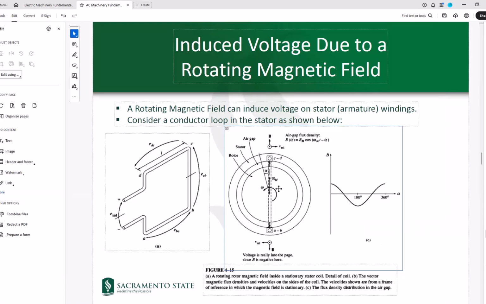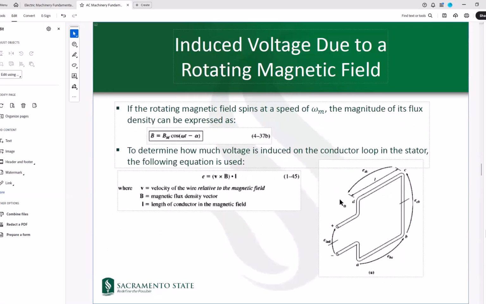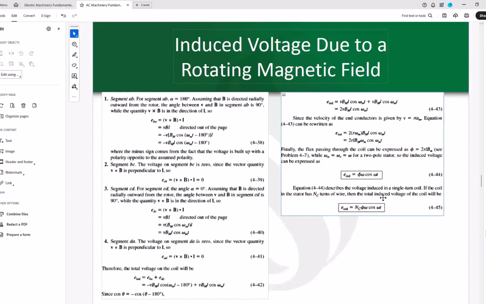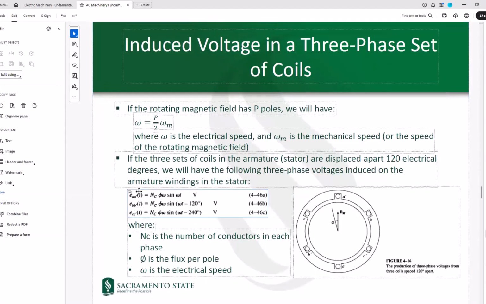Then as this magnetic field is rotating, it sees this conductor bar first, and then the one that is 120 degrees behind sees that one, and then the other one. Because of that displacement in space, the voltage would be induced in the other 2 spots with 120 degrees of phase shift. So that causes your three-phase machine, really.